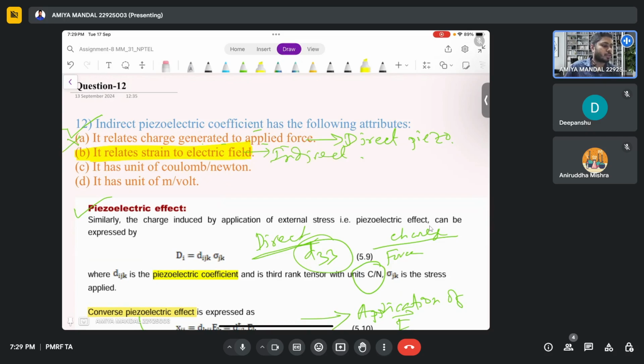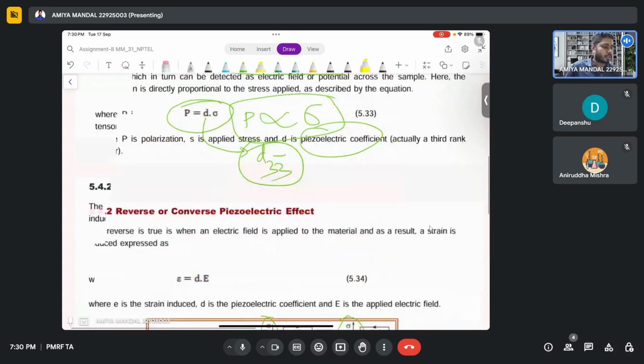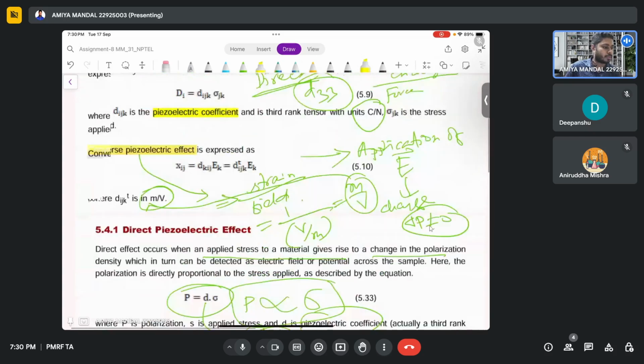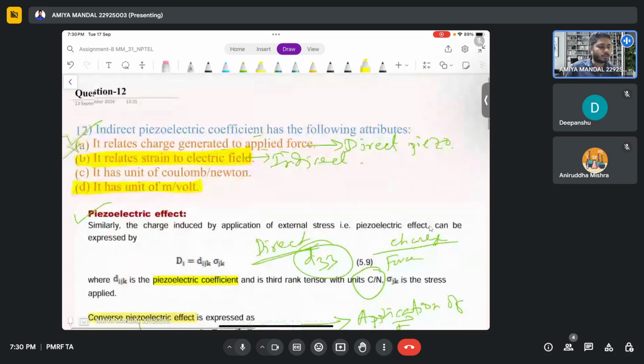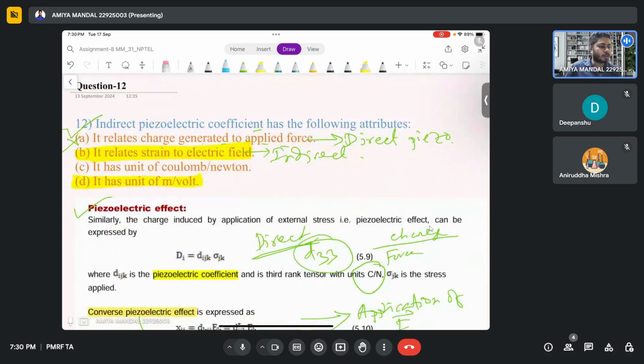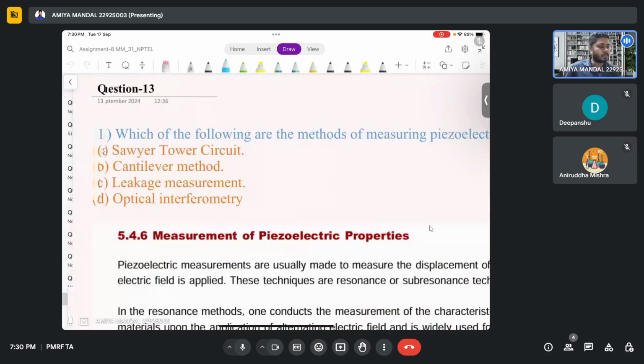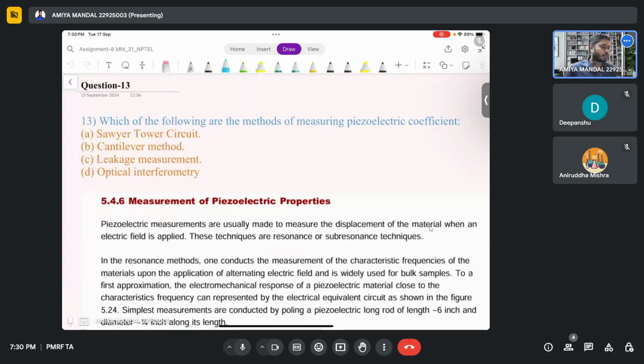And the option about the unit is also not correct. It has a unit of meter per volt, as I have told you. Strain by field, 1 by volt per meter, gives you meter per volt. So these two options are correct, and options A and C are not correct. Move to question number 13.